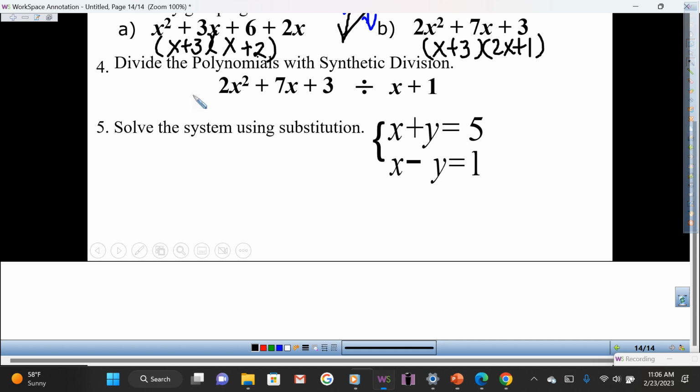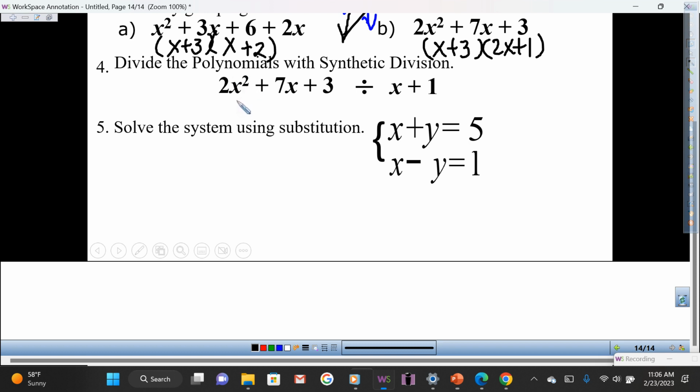Quotient for number 4. What'd you get for number 4? Tell your neighbor before Anaya passes to someone.